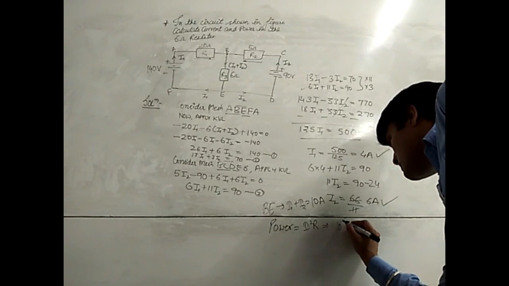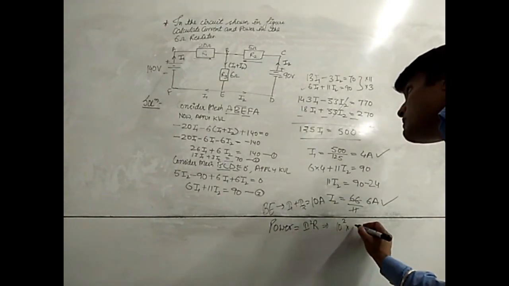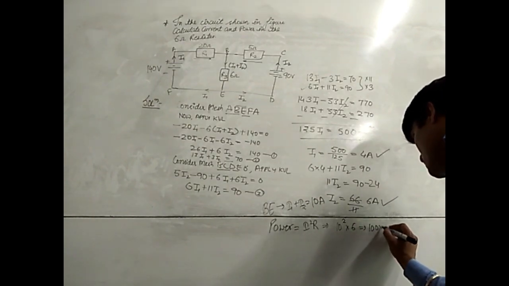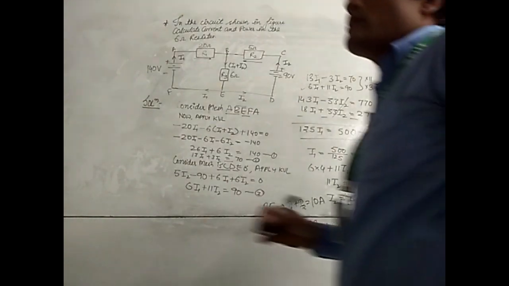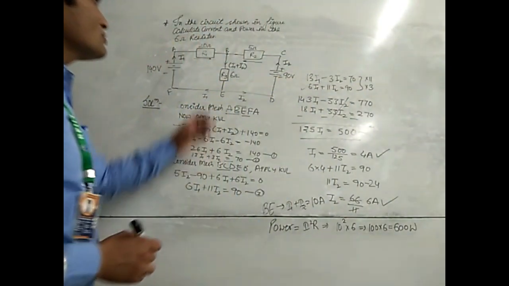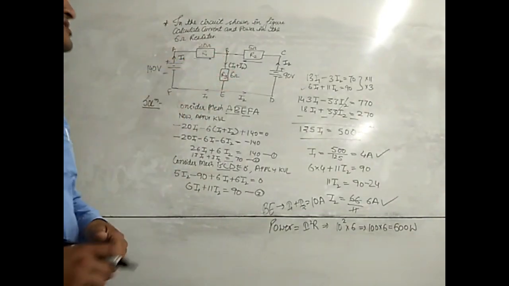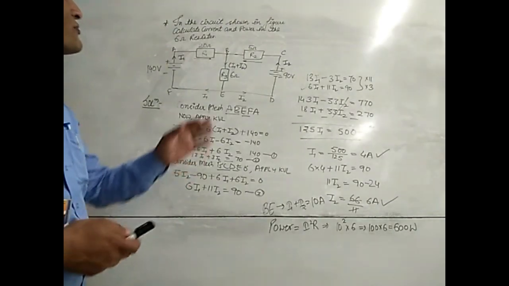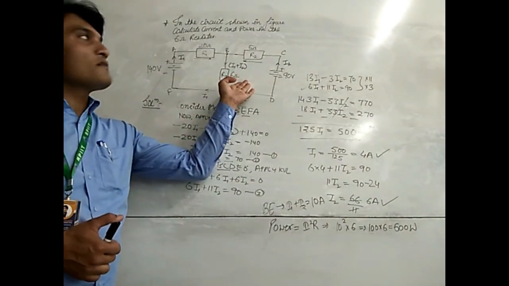So 10 squared into R, and the value of R is 6. So 100 into 6 is 600 watt power consumed through this BE branch, or through this resistor. So this is about the solution of a network using Kirchhoff's law.